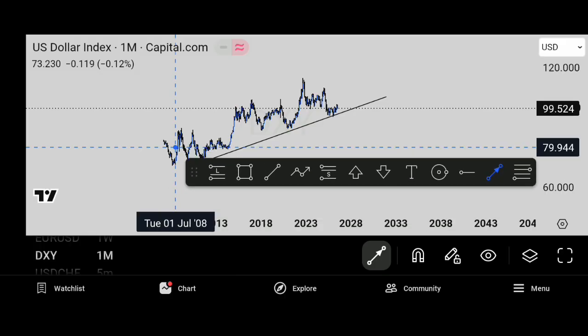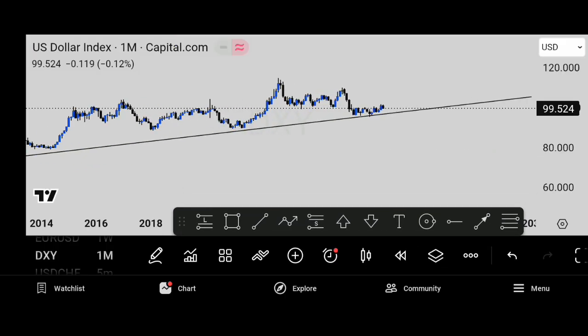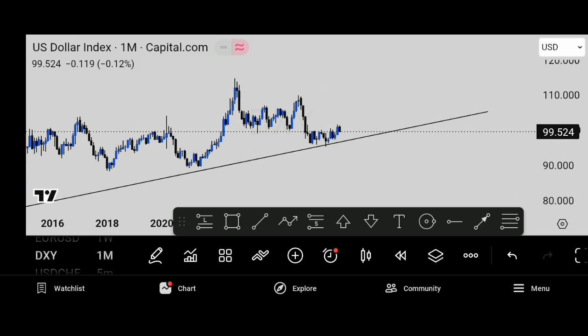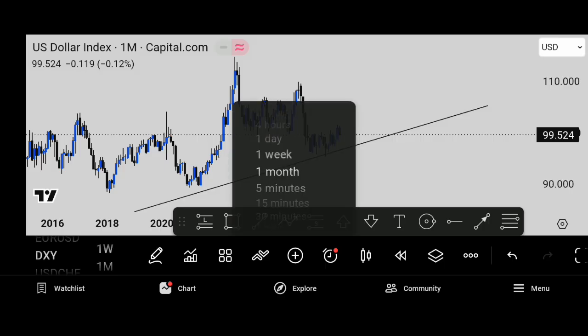It has been bullish ever since 2008, right? So now that we know that we are dealing with a bullish market, let's scale down to the weekly time frame.